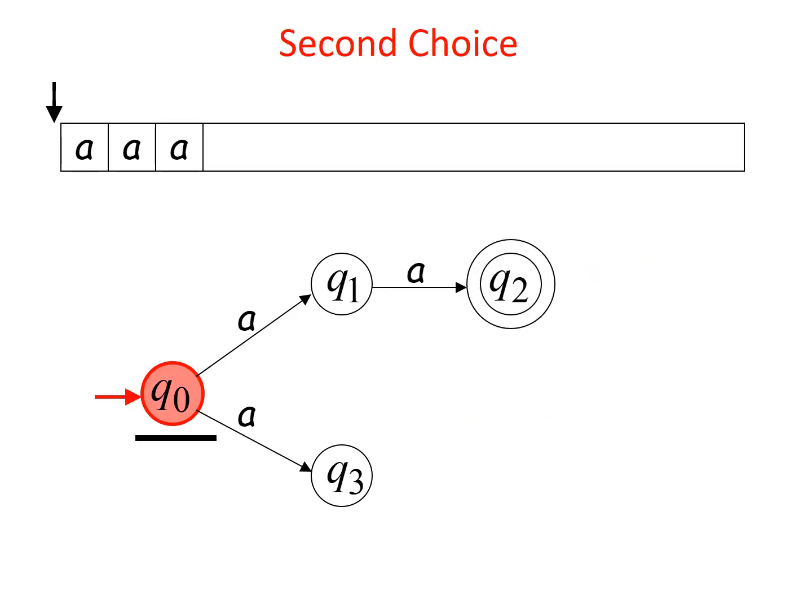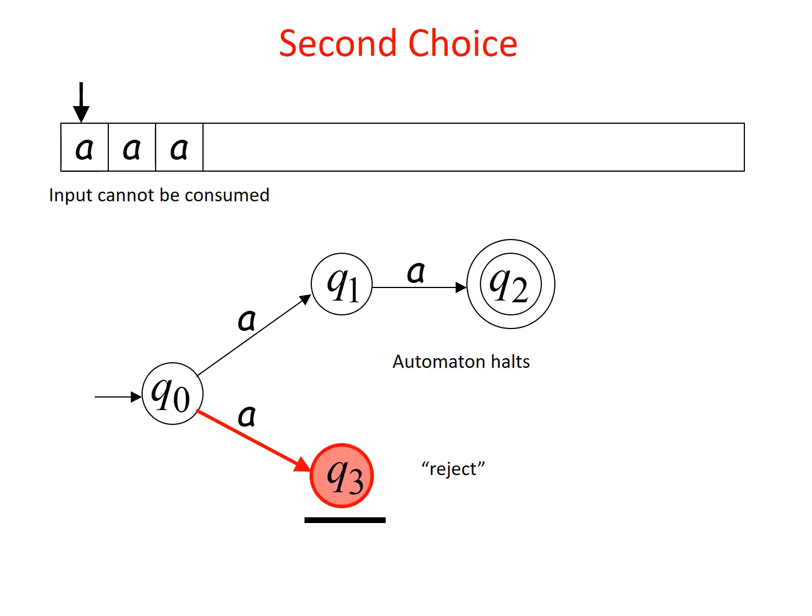Take one more choice, the second choice. 1 A, and reach the q3. You are at an intermediate or rejecting state, and the input buffer is not empty. You are in a rejecting state, so it is also rejected.